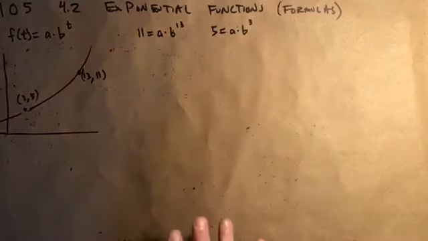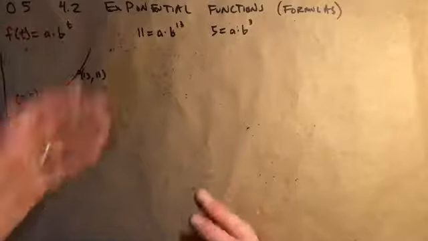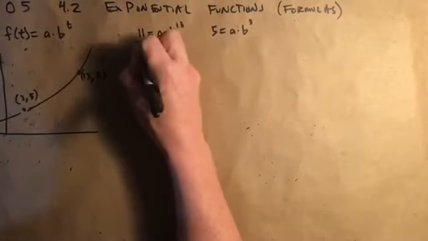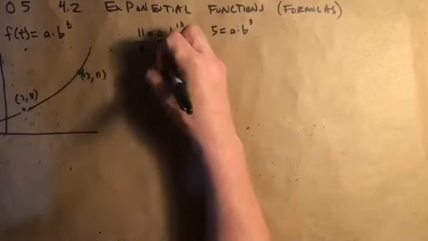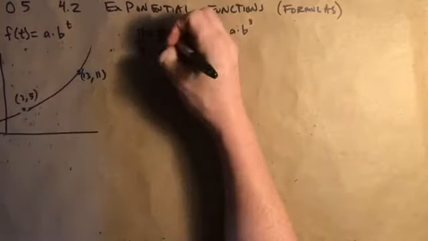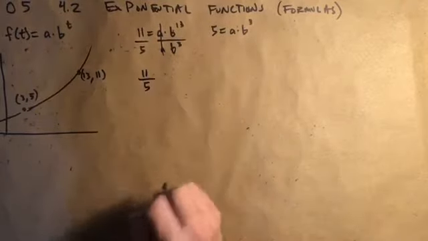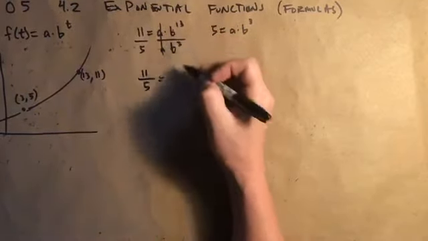And so my dream here is how do I relate these two together? And I'm going to divide one by the other. So if I divided this by 5 and this over a times b to the 3rd power, certainly the a's would murder and I would be left with 11/5. And the b's, we're going to subtract the exponents.